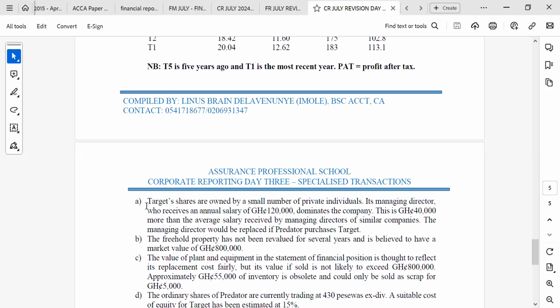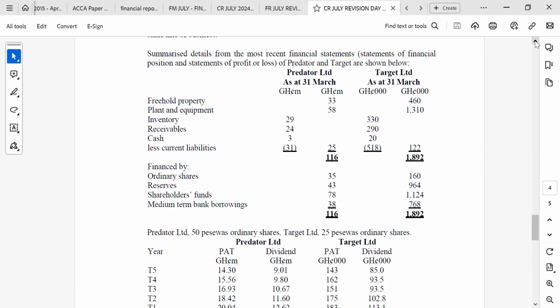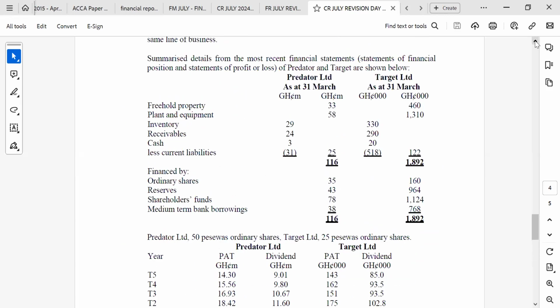The freehold property has not been revalued for several years and is believed to have a market value of 800,000. So what is the value of the freehold property? What is the book value? 460.